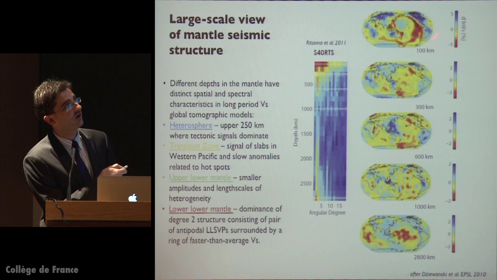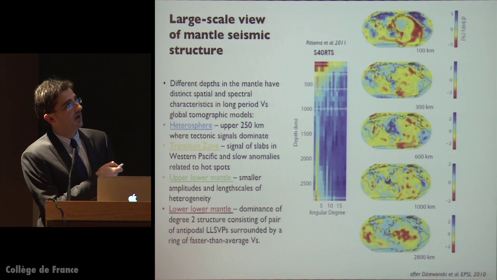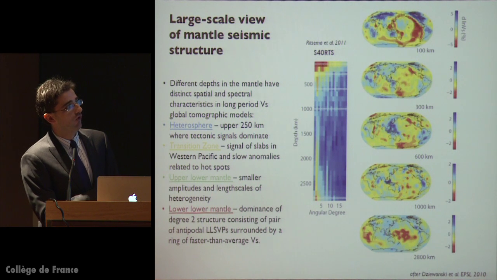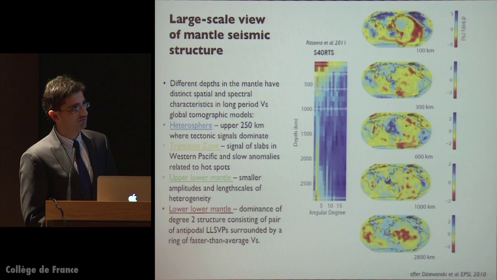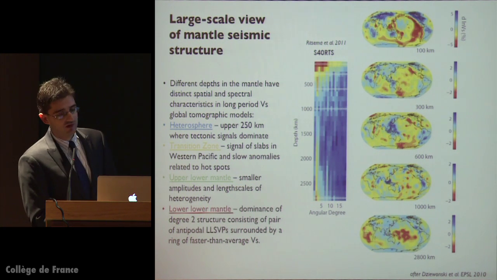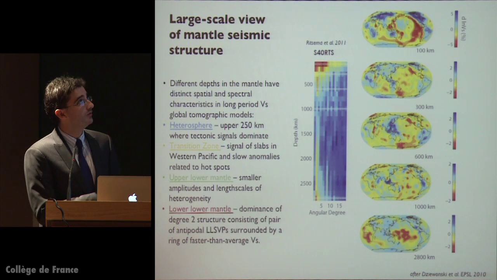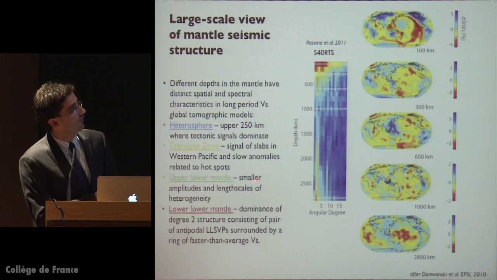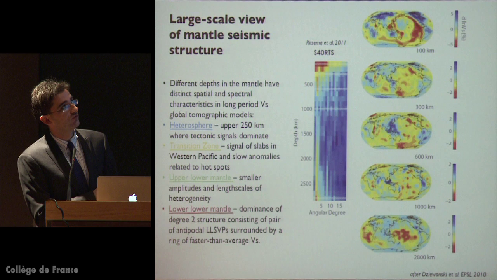So here it's shown at 100 kilometers depth. We can look at it in this spatial scale, or alternatively, we could look at the power at various spherical harmonic degrees and look at the models in the wave number domain. But either way you look at it, the models pretty much divide up the Earth into 4 or 5, depending how you count, zones.